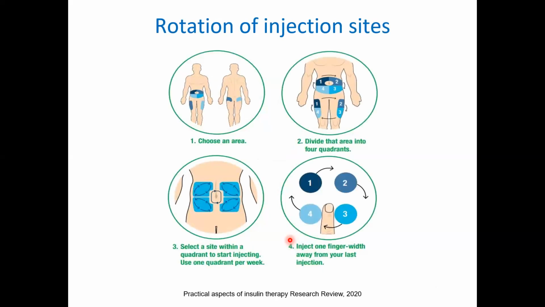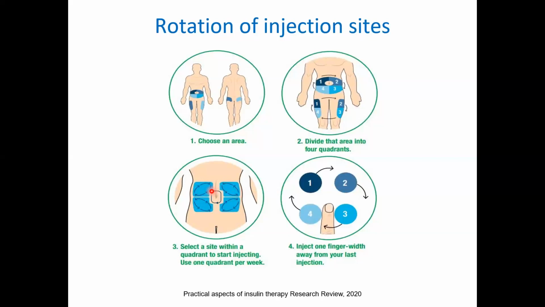Ideally, the patient is supposed to choose an area of injection. For example, if you have the abdomen, you can divide it into quadrants. Then we can take quadrant 1, for example. We can use this quadrant 1 for 1 week, okay? Ensuring that we are keeping at least 1 centimeter away from the previous injection, okay? So after 1 week, they move on to another quadrant. They can move to quadrant 2.